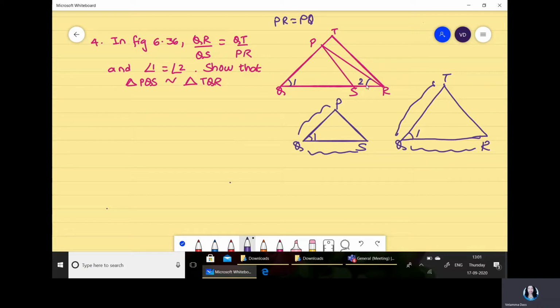So from this fact we can say that PQ and PR are equal. So if I draw the diagram separately, that is PQR, we know that angle 1 and angle 2 are equal. So if angle 1 and angle 2 are equal, we can say that the sides opposite to these equal angles are also equal. So once we use this fact, we can prove very easily.